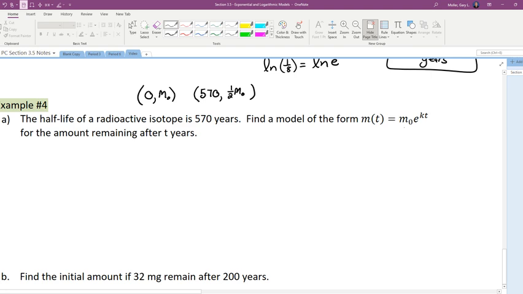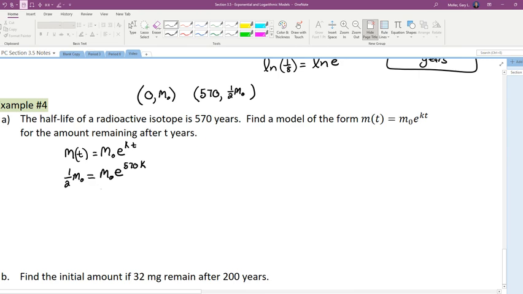So if I plug that in, I get my equation. Let's go ahead and write this down, m of t equals, I plug in my initial amount, m sub 0, e to the kt power. Now I'm going to plug in the second point I know, which is I have half of my initial amount after 570 years.